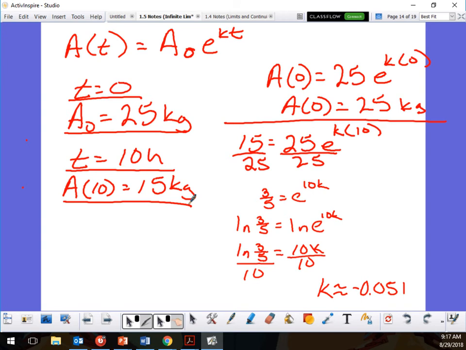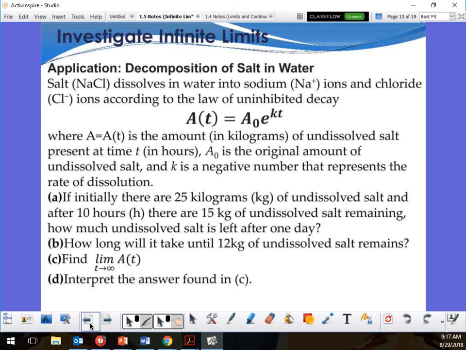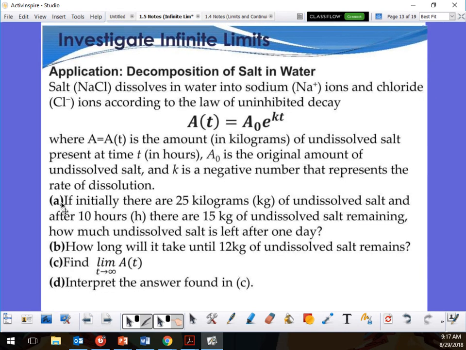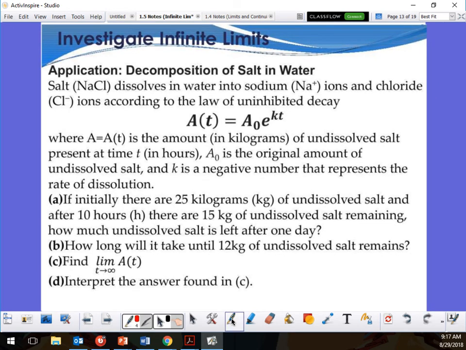So, next page. Actually, I'm going to back it up first. We found, for part A, our equation. We have our k, we have our t, we have everything we need. So, part A says, how much undissolved salt is left after 1 day.